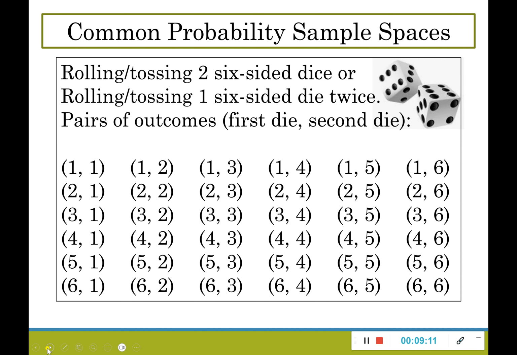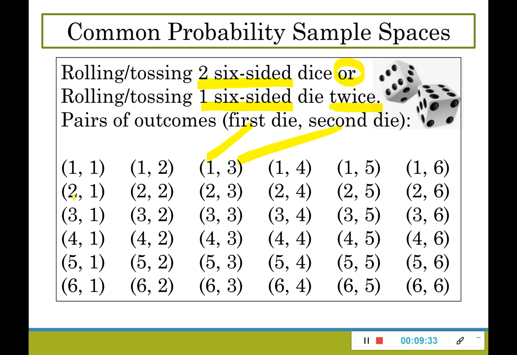Okay, so here it says rolling or tossing 2 6-sided dice, and this is also the same chart we're going to use for rolling or tossing 1 6-sided die 2 times. So the first die is the first number, and the second die is the second number. So you could roll a 1 and then another 1.